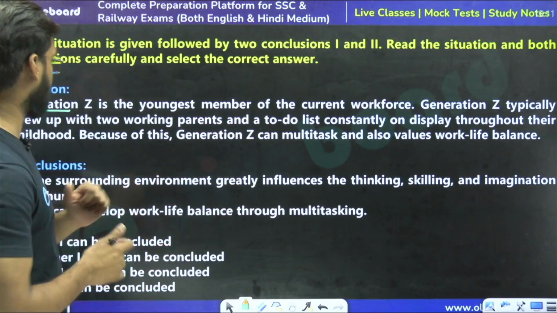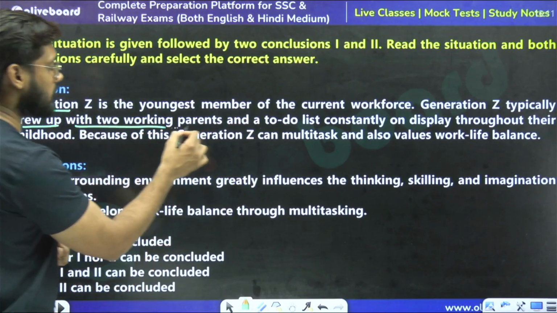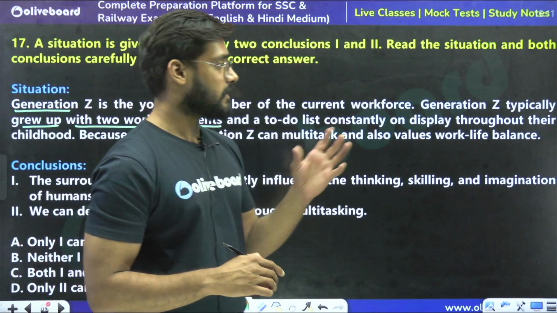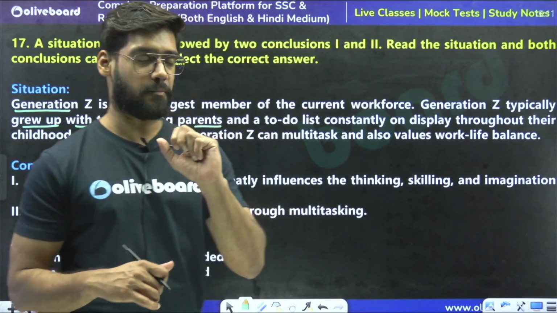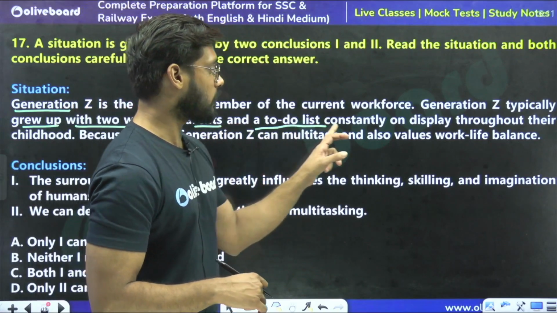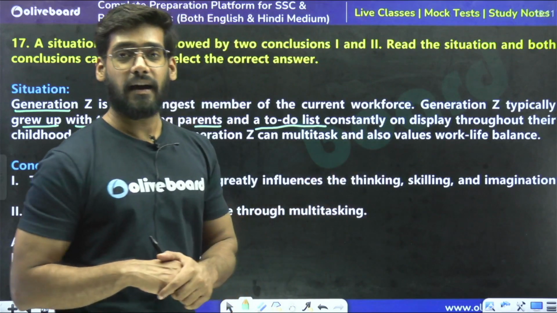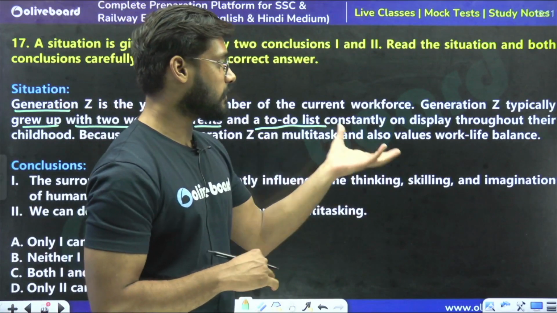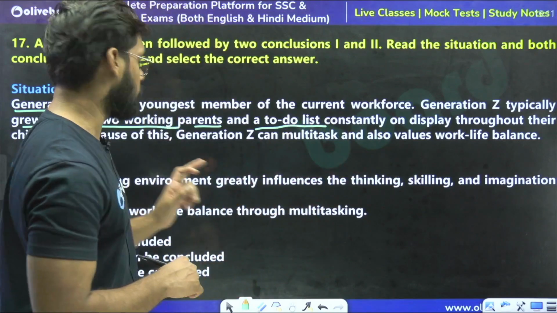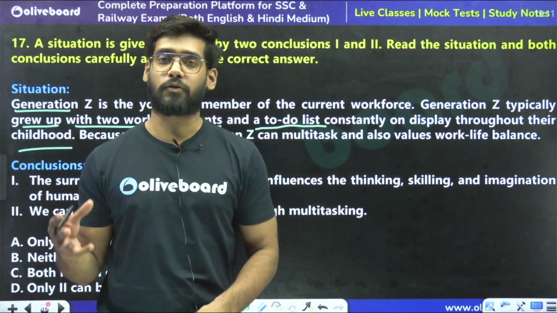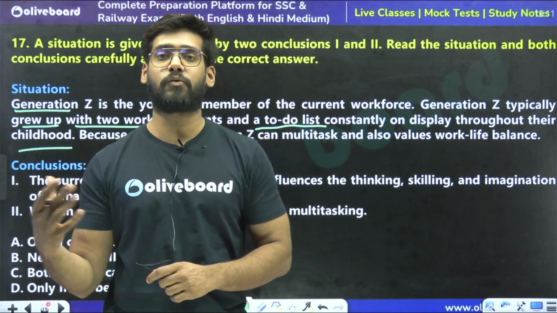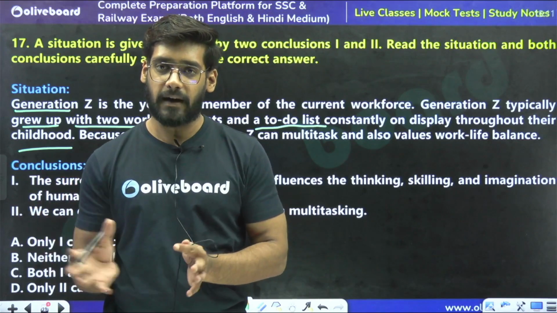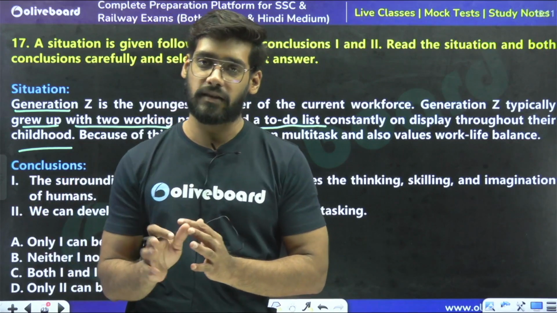Generation Z typically grew up with two working parents and a to-do list constantly on display throughout their childhood. Since childhood they have had a to-do list to follow, so that they can manage their timetable, do everything in a particular order, and manage all things in the right way.